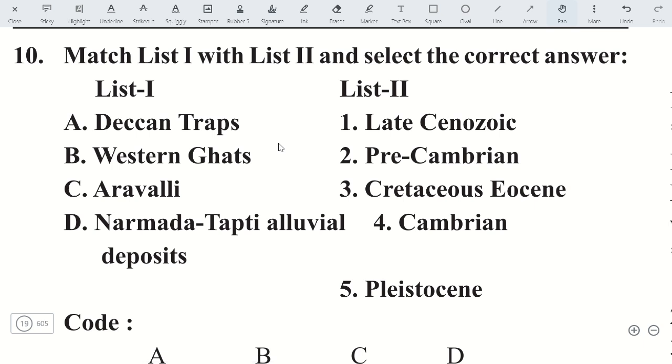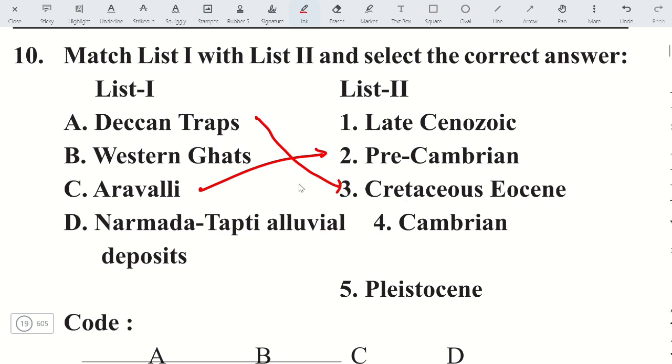We have to match list 1 with list 2. This type of question you can solve if you know any of 1 or 2, then you can use the elimination method. See, Aravalli is from the Precambrian era, and Deccan Trap is from the Cretaceous Eocene.